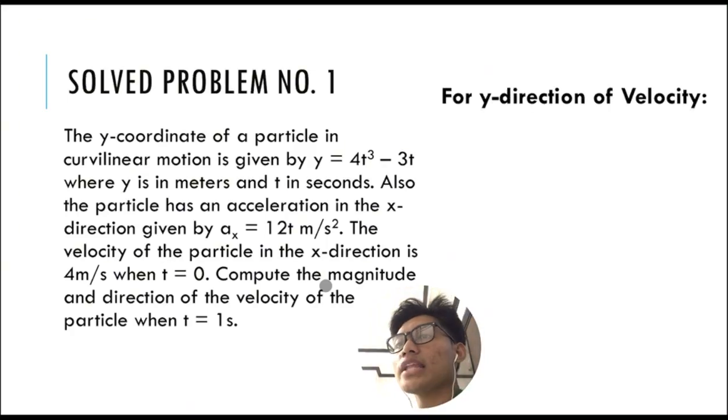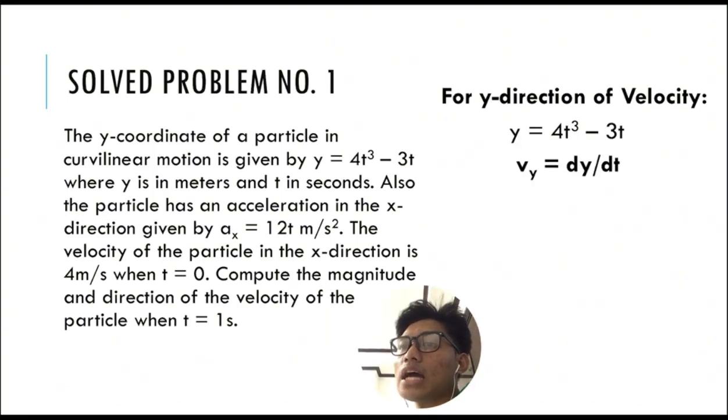Okay, for y direction of velocity, so we have y is equal to 40 cube minus 3t. Anong gagawin natin dyan? We all know that velocity is equal to derivative of displacement over time. Yung y, inano natin siya since vertical di ba? Displacement din lang siya due to y-axis.